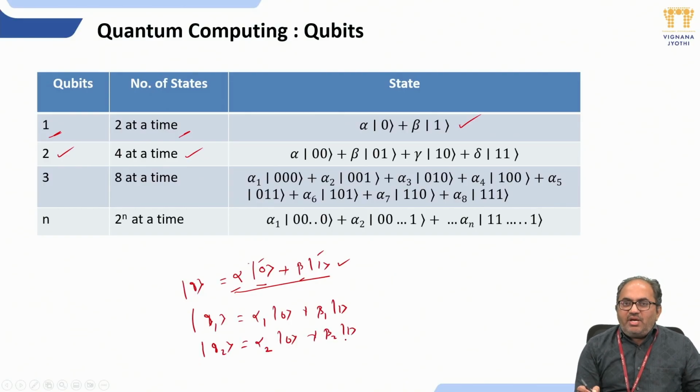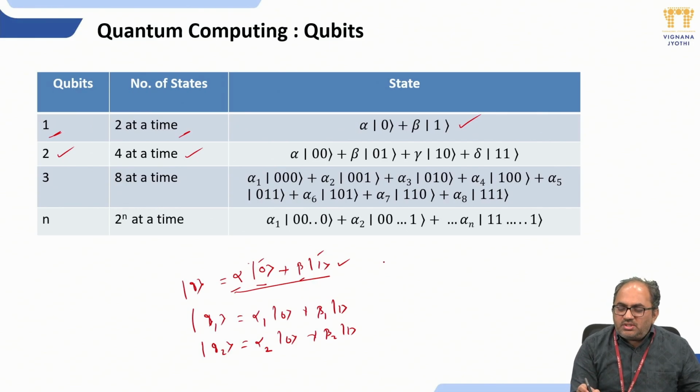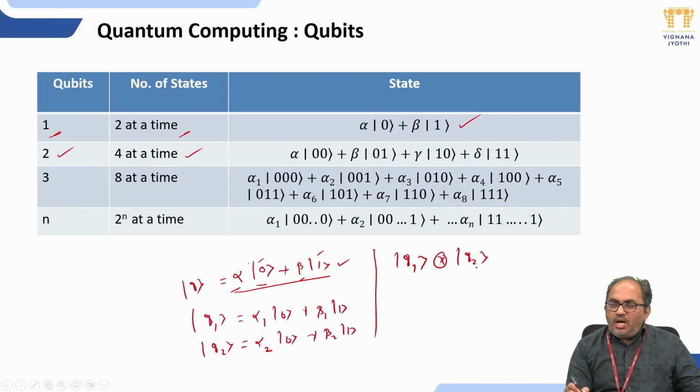What is the meaning of having two qubits? Two qubits are expressed as a tensor product, Q1 tensor product with Q2. I have two particles, two qubits, one in state Q1, another in state Q2. The total state is the tensor product of both the qubits.